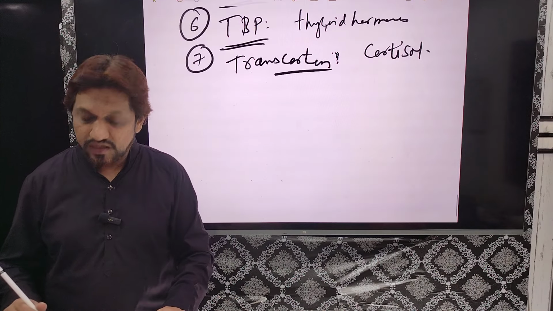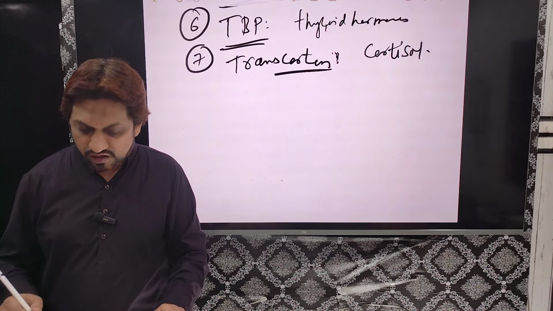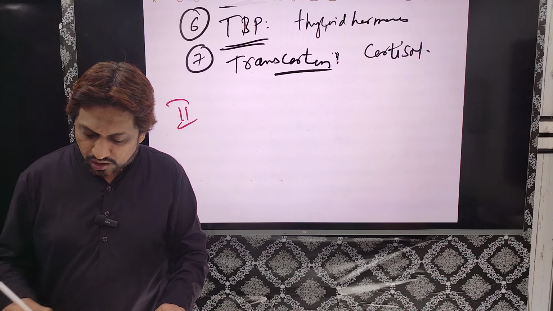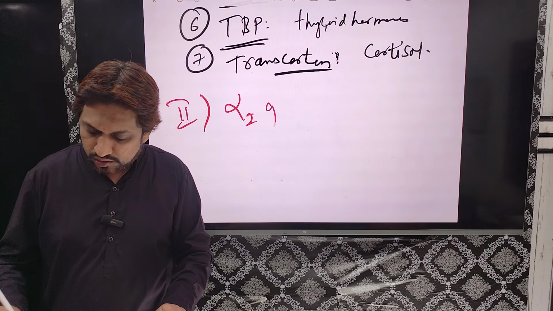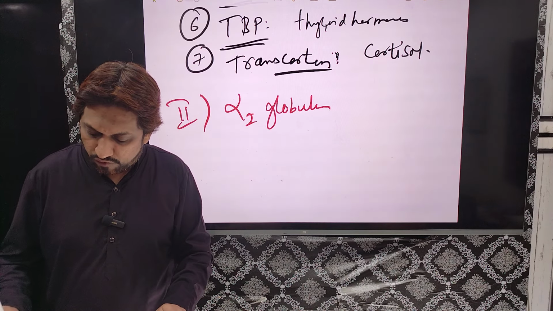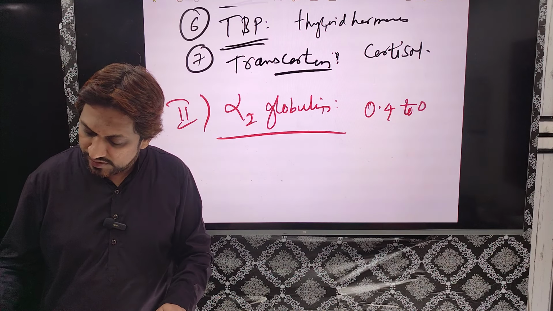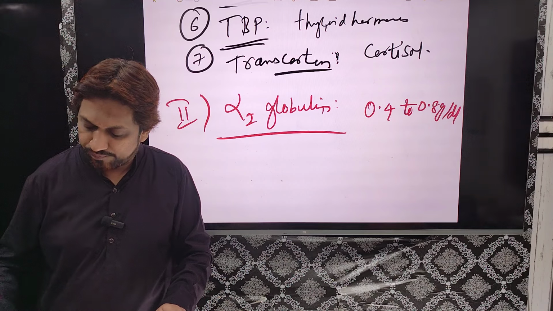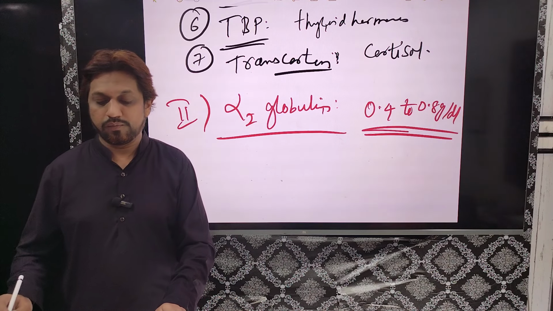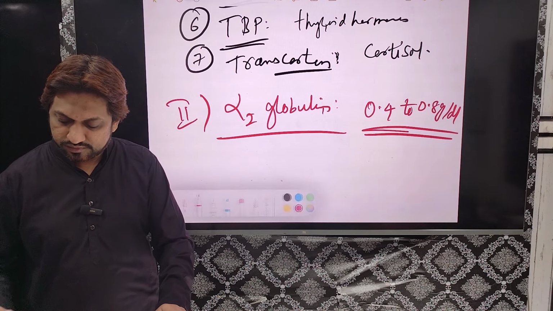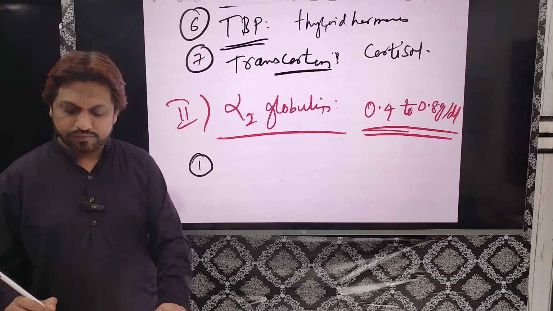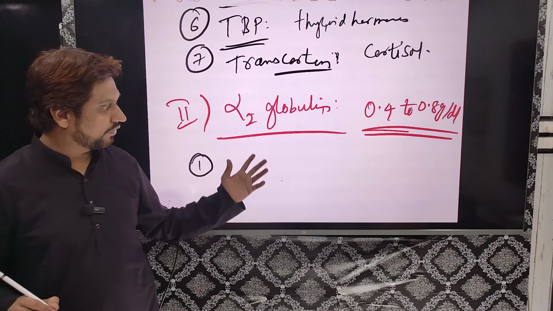Then coming to the second subtype of globulin, that is alpha 2 globulin. The normal value of alpha 2 globulin ranges from 0.4 to 0.8 grams per deciliter. Now, what are the various plasma proteins which are alpha 2 globulins?